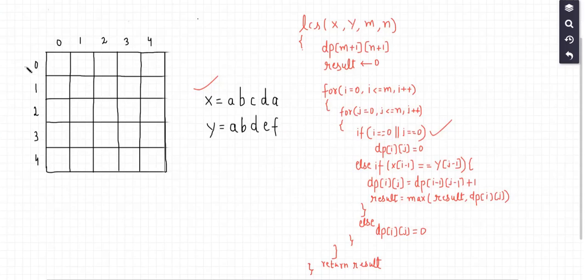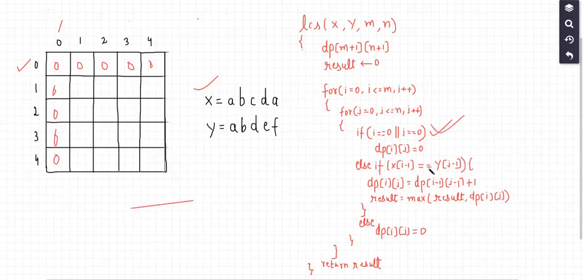So for row 0, the LCS for all other columns will be 0, and for column number 0, the LCS for all the rows will be 0. Okay, so this is the base case.